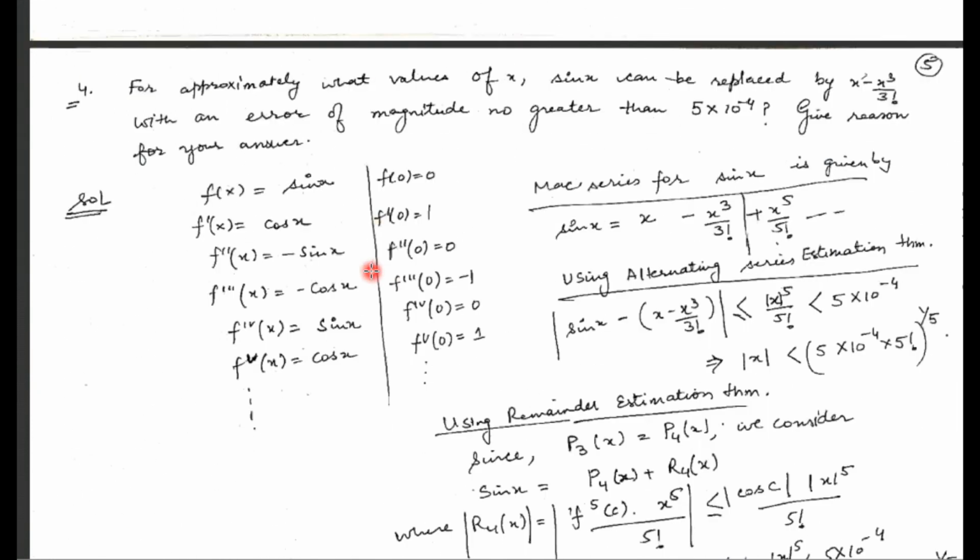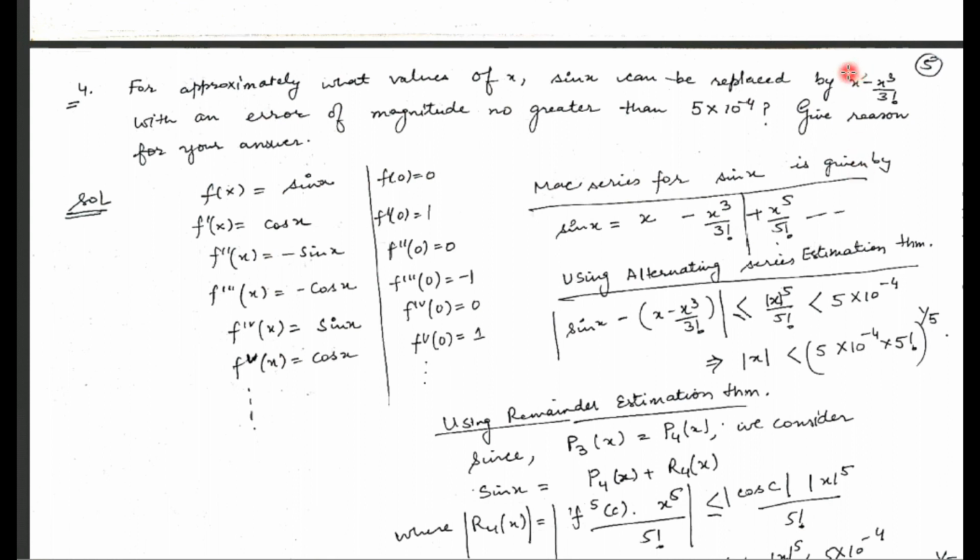Now in question number 4: for approximately what values of x can sin x be replaced by this expression with an error of magnitude not greater than 5 into 10 to the power minus 4? Give reason for your answer. So first of all, whatever function is given to you, you find its Maclaurin series.